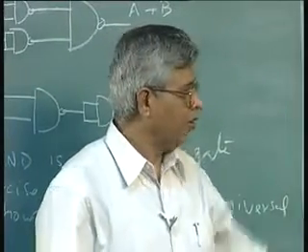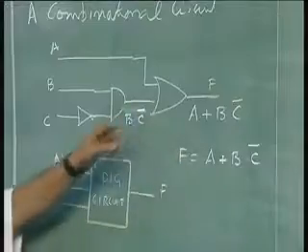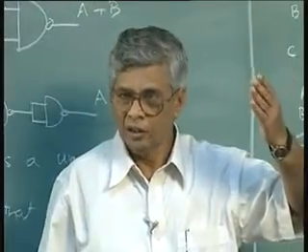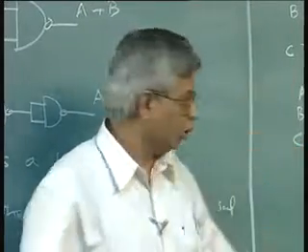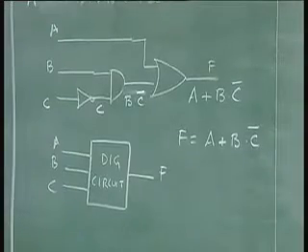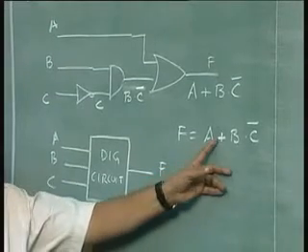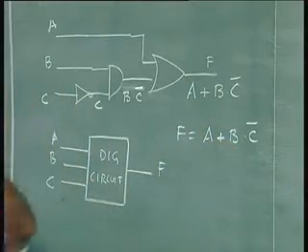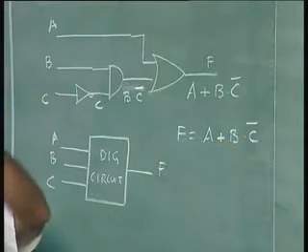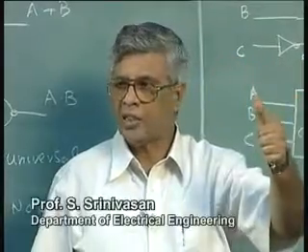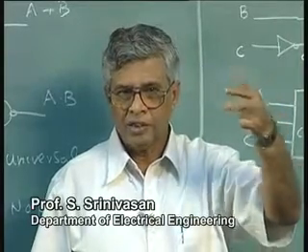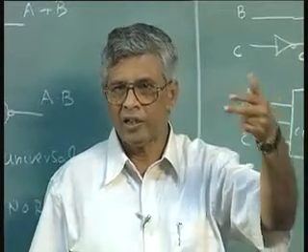Anyway, this is the functional description, this is the circuit description, and then the third one is the truth table. The truth table involves an AND operation, an OR operation, a NOT operation. When I introduced the gates, I said an operation is defined by a gate, a symbol is defined for a gate, a functional description of the gate is given, and a truth table is given.